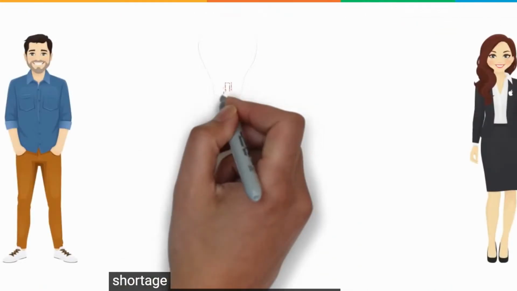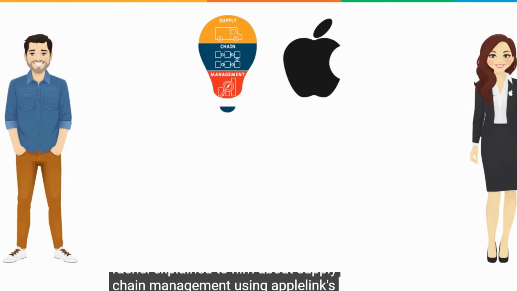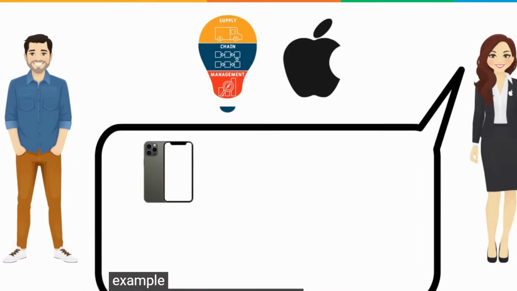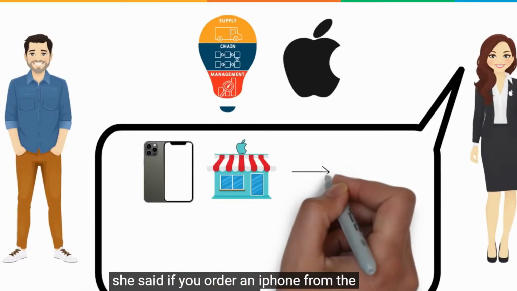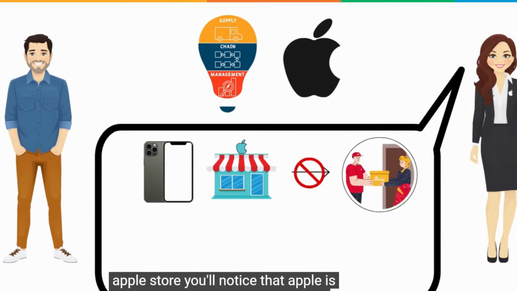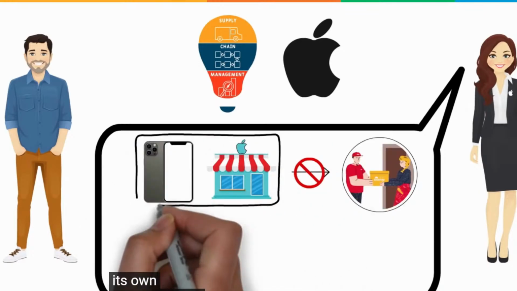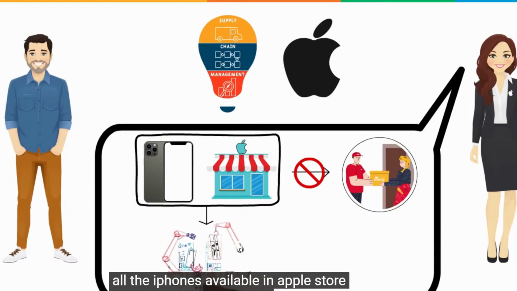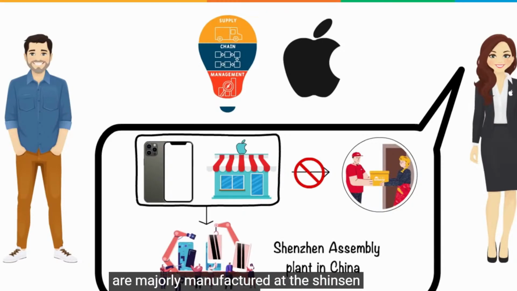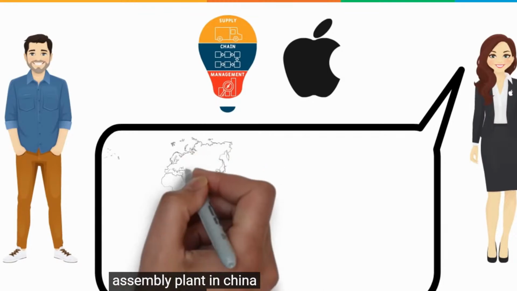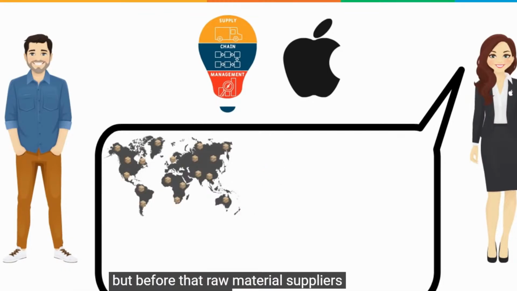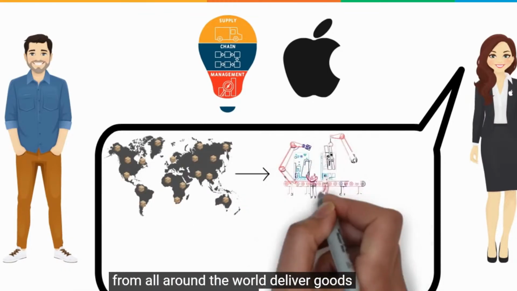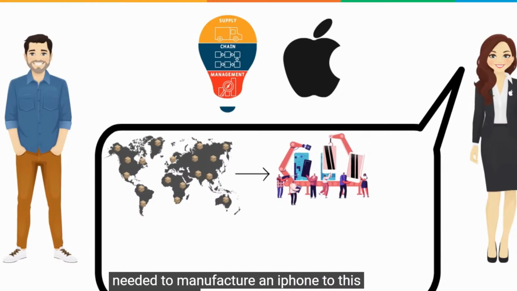Rachel explained to him about supply chain management using Apple Inc.'s example. She said if you order an iPhone from the Apple Store, you'll notice that Apple is not precisely delivering the product on its own. All the iPhones available on Apple Store are majorly manufactured at the Shenzhen assembly plant in China. But before that, raw material suppliers from all around the world deliver goods needed to manufacture an iPhone to this assembly site.